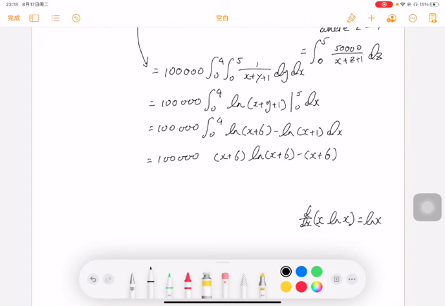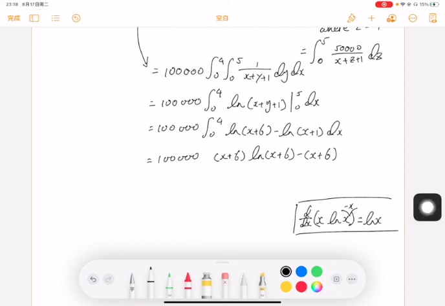Oh, sorry, I mean minus x here inside the derivative. And the second part of the product rule is x times the derivative of ln of x, which is 1 over x, so you get plus 1. And then the derivative of minus x is minus 1, so you're just left with ln of x. Okay, so here's just a little fact that I put here. All right, and from that fact, we know the antiderivative of ln of x plus 6 is this.